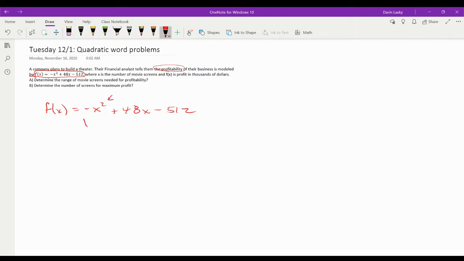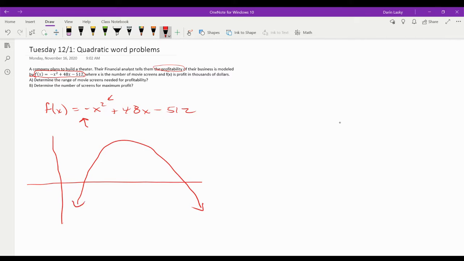I also know it's pointed upside down. So I've got a parabola pointed upside down. This is not to scale, but it looks like that. That's what we're looking for.